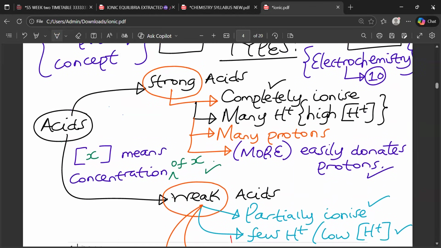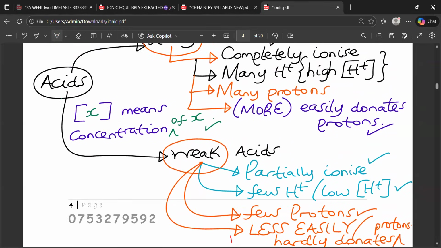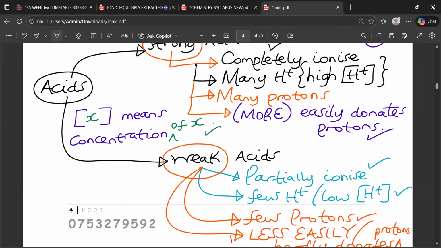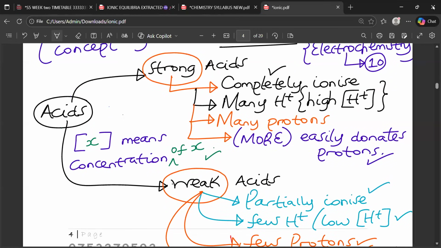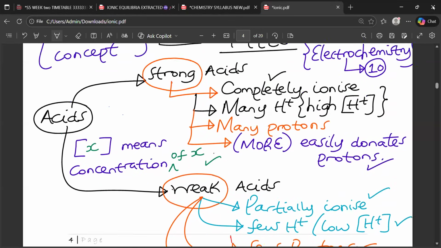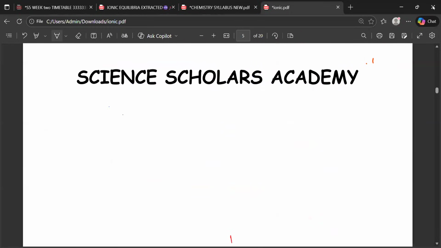So we are going to see the examples, but meanwhile, first understand those few things. Now, immediately before we forget, let's discuss the bases straight away using the same criteria. So bases, we also have the strong and the weak.